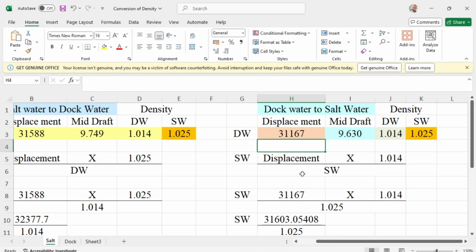Okay. That should be 31167. And your mid draft will be 9.63. Your local density is 1.014. Salt water is 1.025.